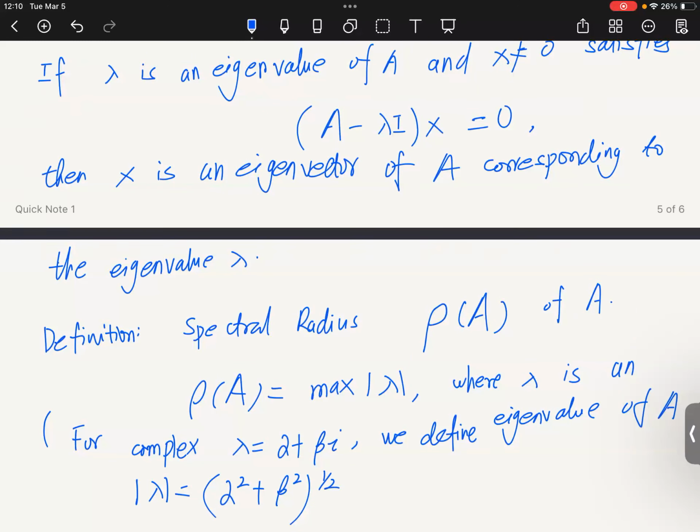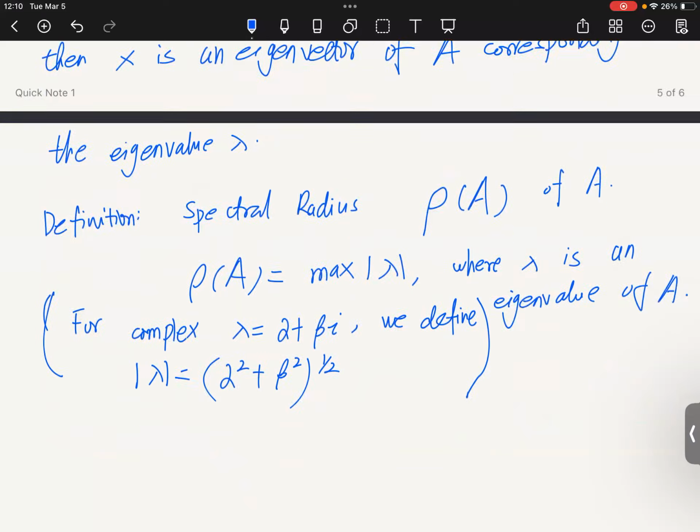This is the case when we have complex numbers among the eigenvalues. That's the spectral radius definition.